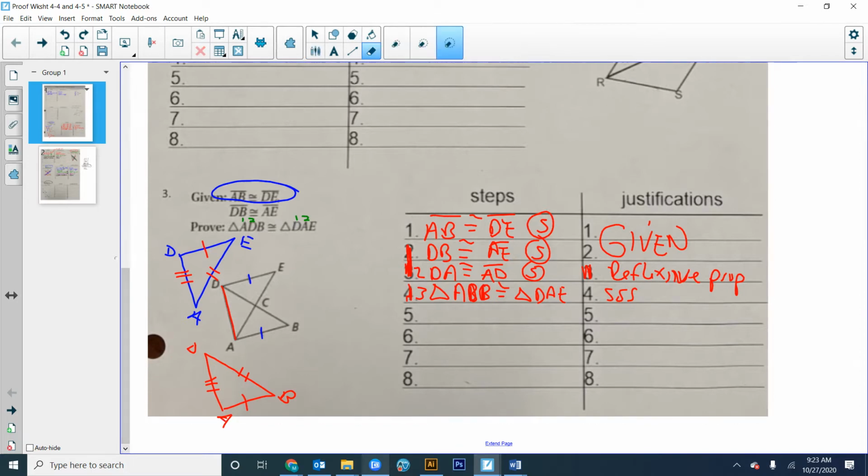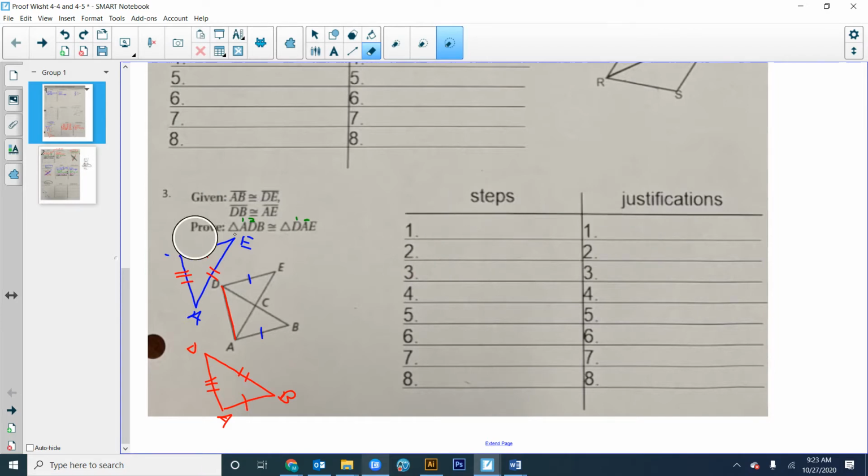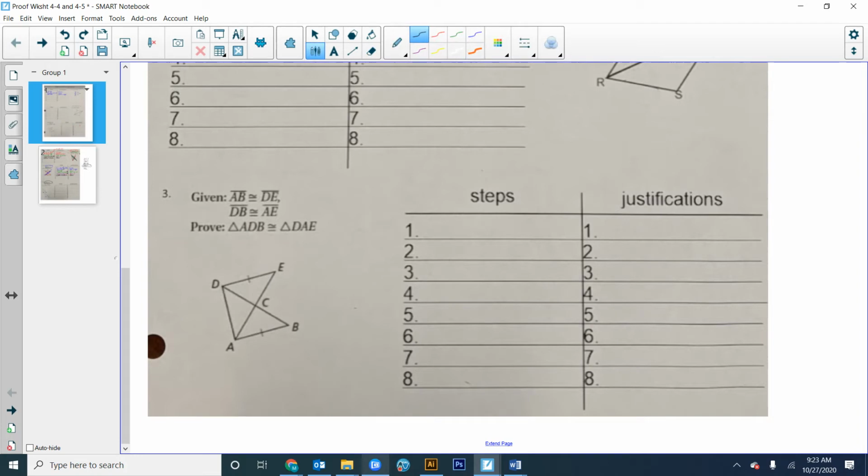All right, number 3. Let's give ourselves a blank slate here. The first thing I do when I see a lot of triangles, do you guys see all the triangles here? 1, 2, 3, 4, 5. Oh man, there's a lot of triangles there.